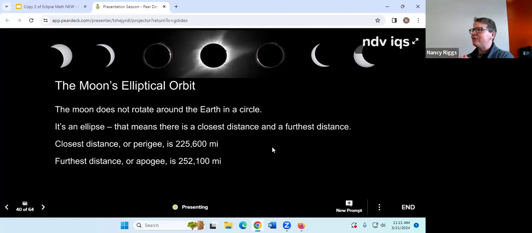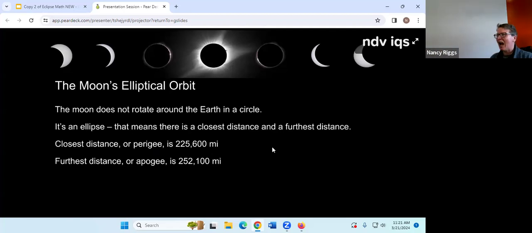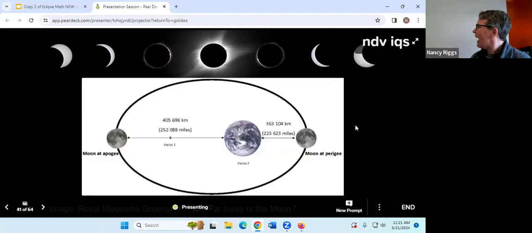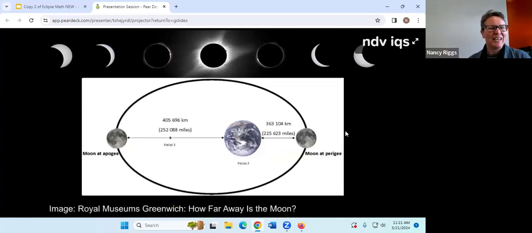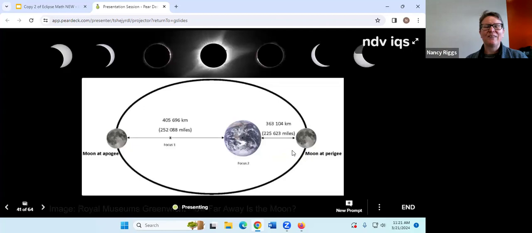We've got the closest distance, which is called the perigee, which is about 225,600, and then the furthest distance, which is called the apogee, is about 252,100. And once again, this is definitely not to scale, but you can see this is not a perfect circle. So we've got that closer distance, and then we've got that further distance, because again, it is not rotating in a perfect circle.